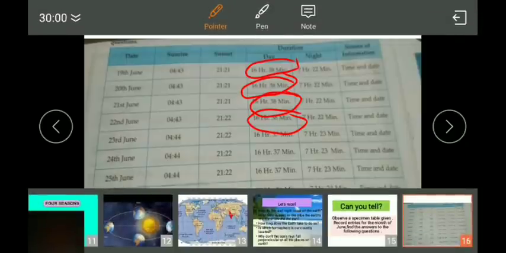Now, what difference do you notice in the duration of the nights from 19th June to 28th June? They keep on increasing. First it was 7 hours 22 minutes, then 7 hours 23 minutes, then 7 hours 24 minutes.